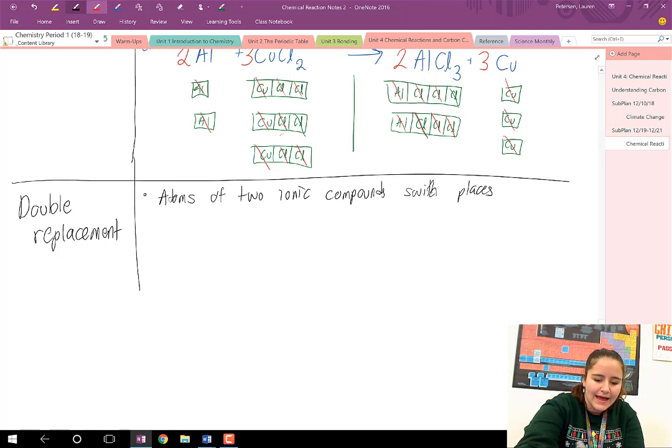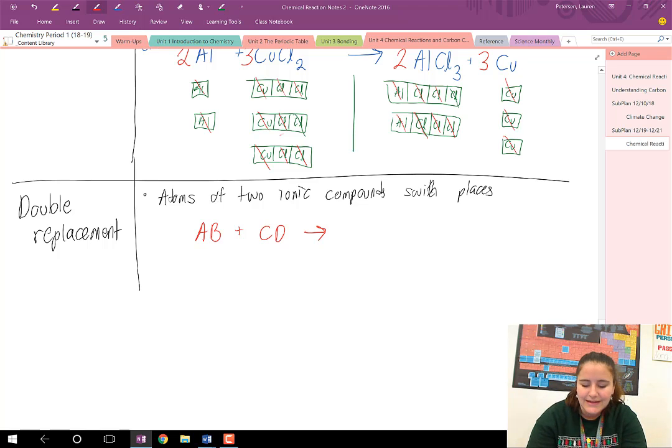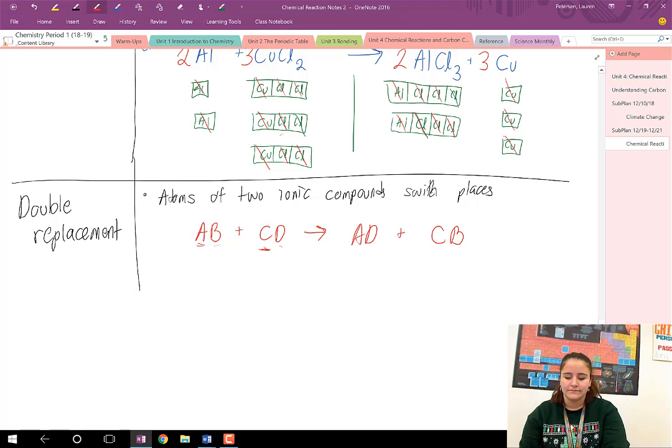Okay. So you had some compound, we'll call it AB, reacting with some compound CD, and they flip-flop places. So this one goes with this one, and this one goes with this one. So it'll be AD plus CB, because we still always want to write the metal first. Okay, so let's look at an example in this one.